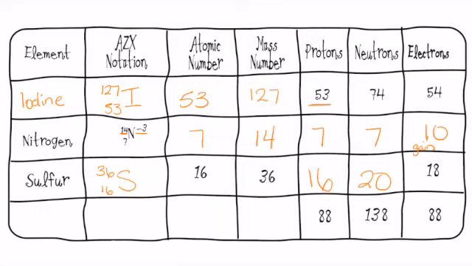And now if we have a charge. So we have 16 protons and 18 electrons. So this would give us a charge of 2 minus. The last one is radon. So figure out what the AZX notation, atomic mass, and atomic number are for radon.